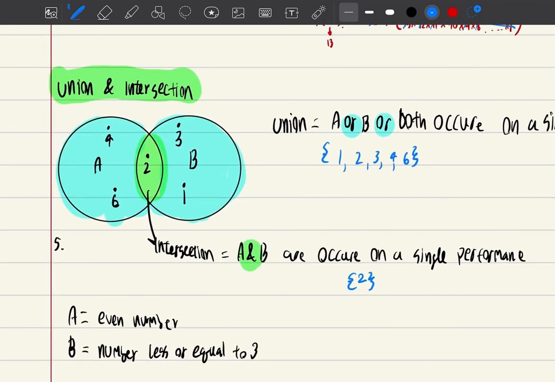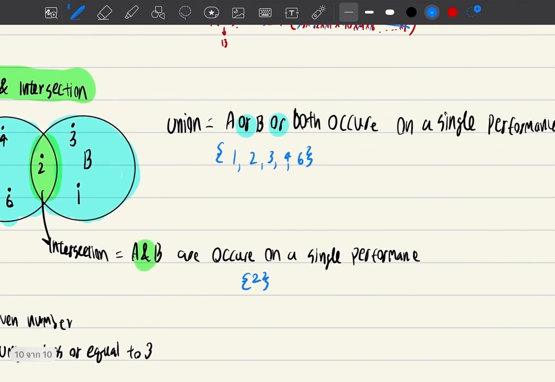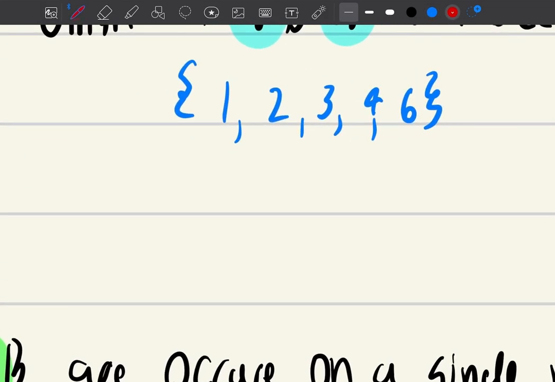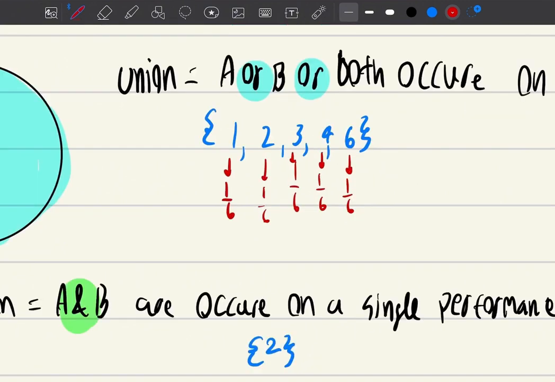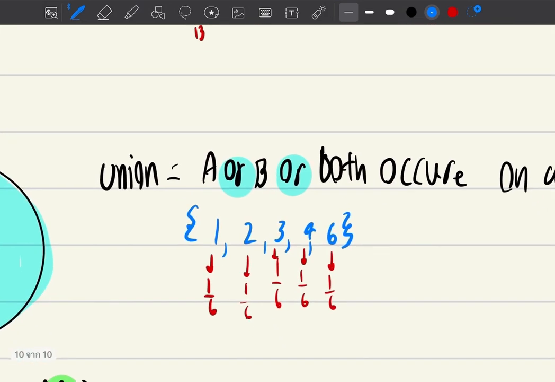To calculate the probability of A union B, we assign the probability first: 1 over 6, 1 over 6, 1 over 6, 1 over 6, and here also 1 over 6. The reason it's 1 over 6, not 1 over 5, is that the dice has 6 faces: 1, 2, 3, 4, 5, and 6.